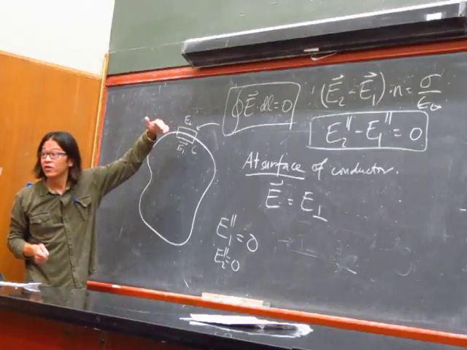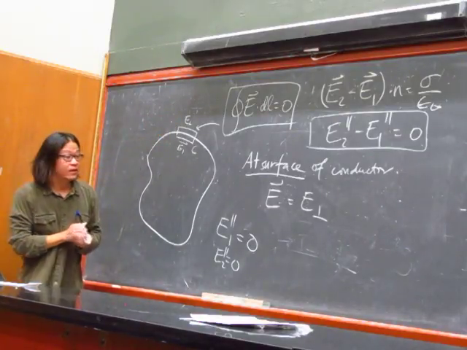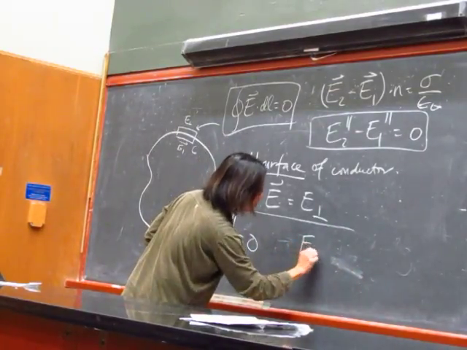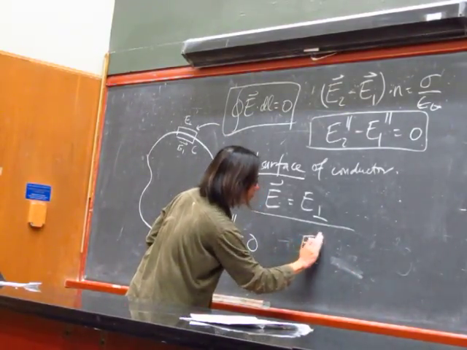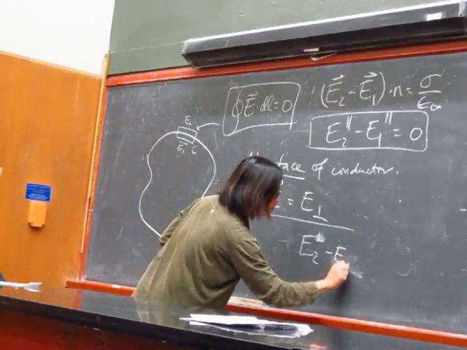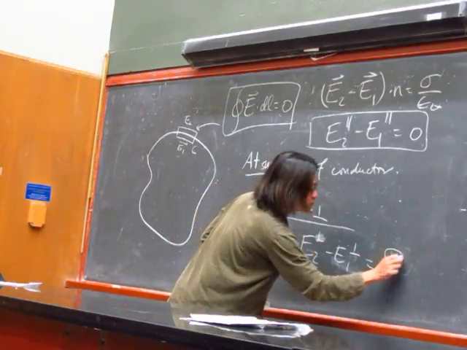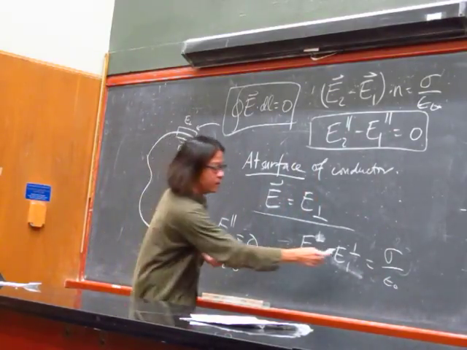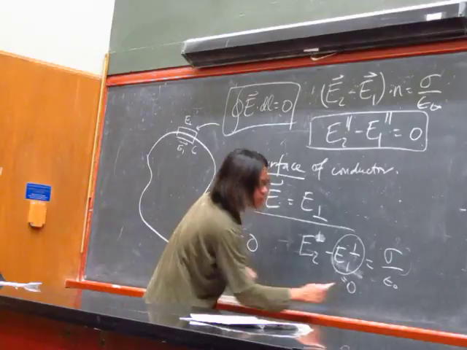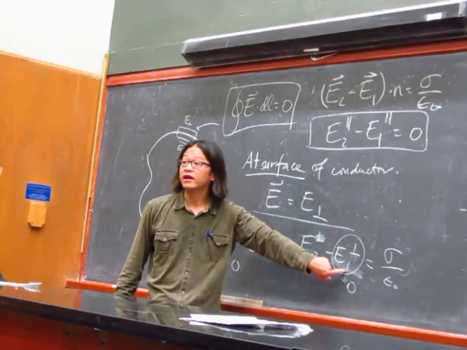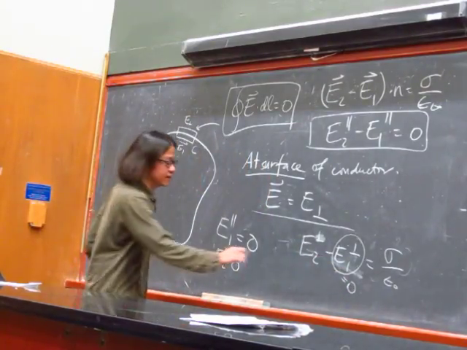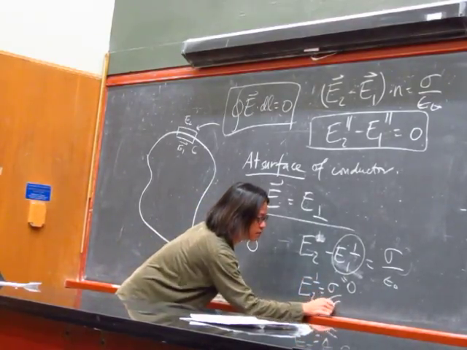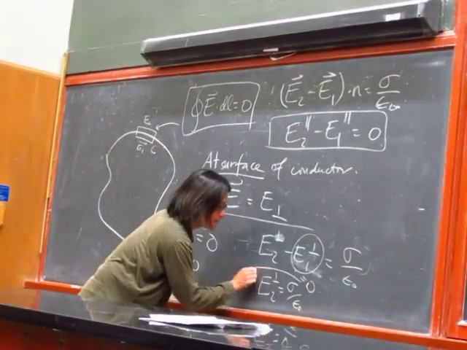But the normal component of the electric field is equal to sigma over epsilon naught. This part is 0 because this is inside, so just right outside of the conductor, the electric field is just sigma over epsilon naught.